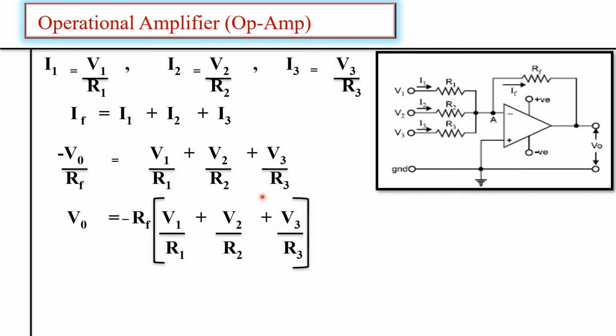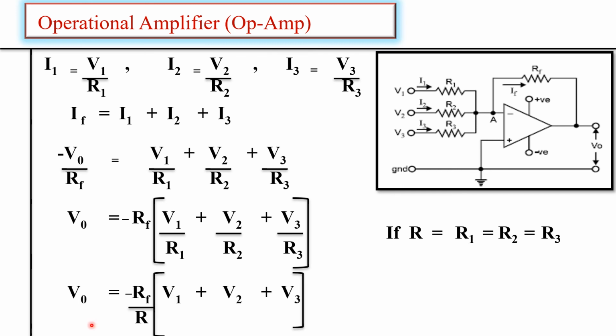Now in this inverting summing amplifier configuration, let us assume the values of R1, R2 and R3 are the same, equal to R. So VO is equal to minus Rf upon R times (V1 plus V2 plus V3), because the denominator is the same, we can take it common.